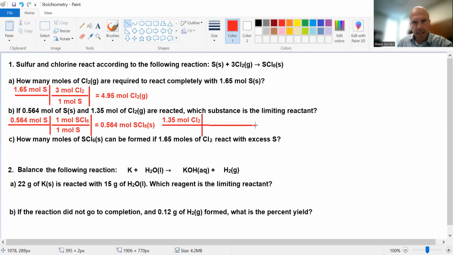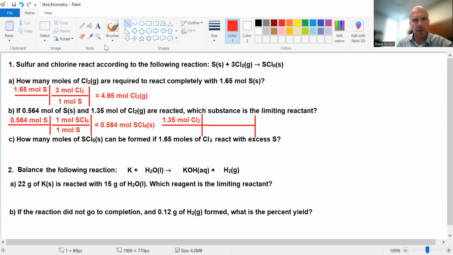In the same way that when I was looking at the sulfur, I was considering the stoichiometric ratio between the sulfur and the SCl6, I'm now going to look at the stoichiometric ratio between the Cl2 and the SCl6.